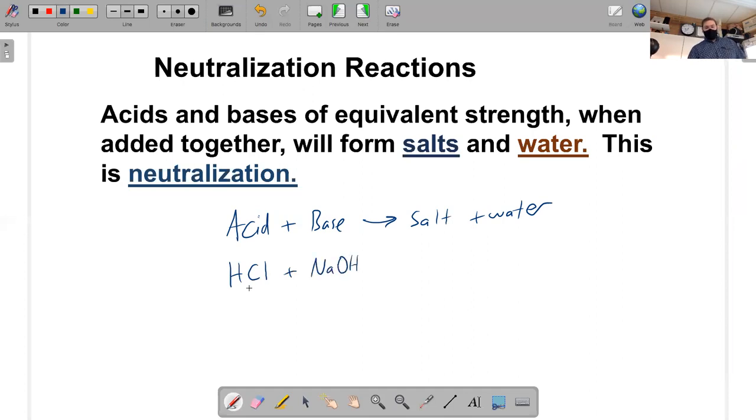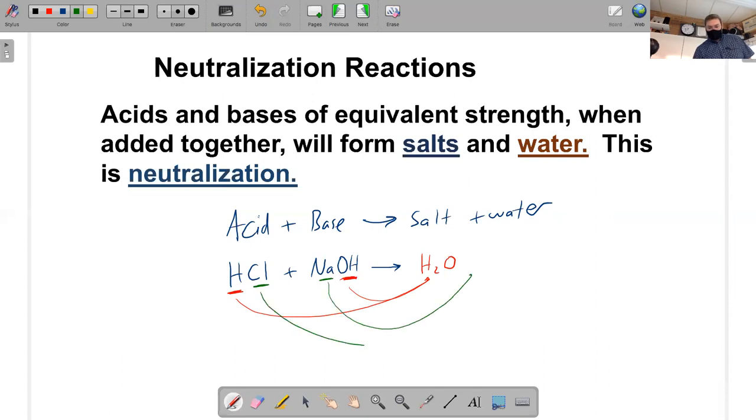If you react them, it's a double replacement reaction. This hydrogen and this hydroxide get together to make water, H2O, and then the chlorine and the sodium react together to make sodium chloride.